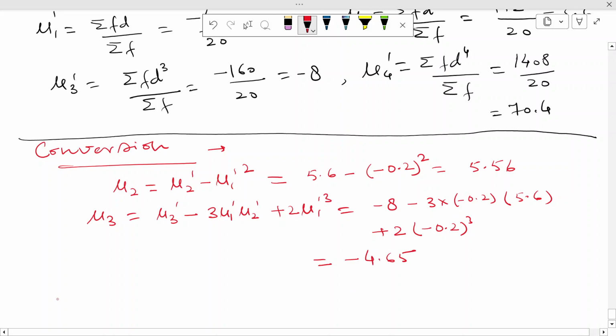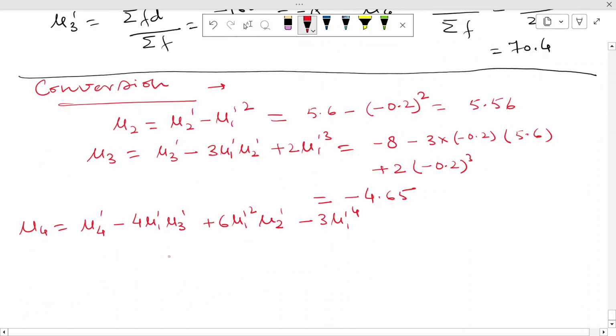Lastly we have mu4, and again we are using the same conversion formulas, which is mu4 equals mu4 dash minus 4 mu1 dash mu3 dash plus 6 mu1 dash square mu2 dash minus 3 mu1 dash to the power 4, and we know that we have all the values with us.